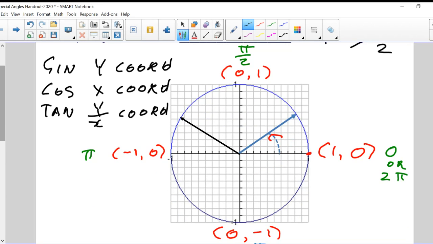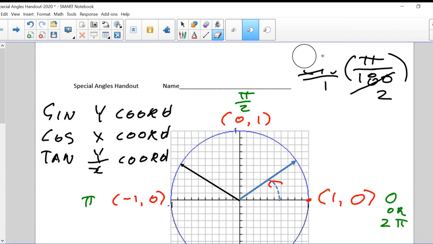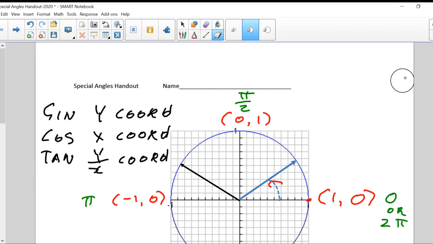I'm going to erase this thing right here for now. What I'm also saying is that think of sine as being my y coordinate, think of cosine as being my x, and think of tan as being my y divided by my x. That means that we can now answer the question of what the sine of 0 degrees is, because the sine is my y coordinate, what the cosine of 0 degrees is, and what the tangent of 0 degrees is.